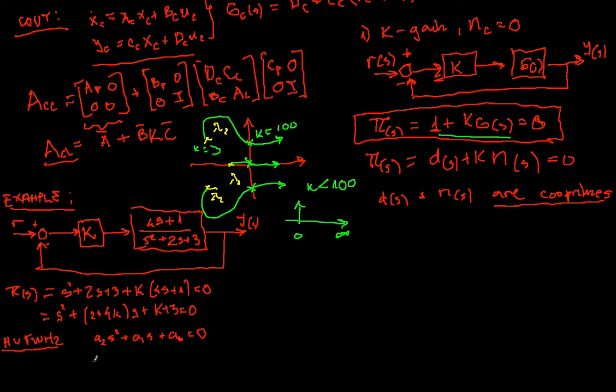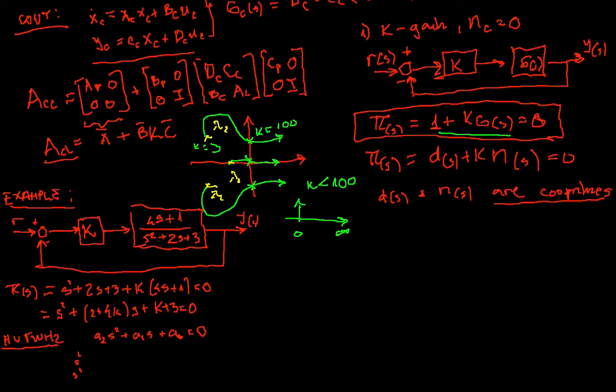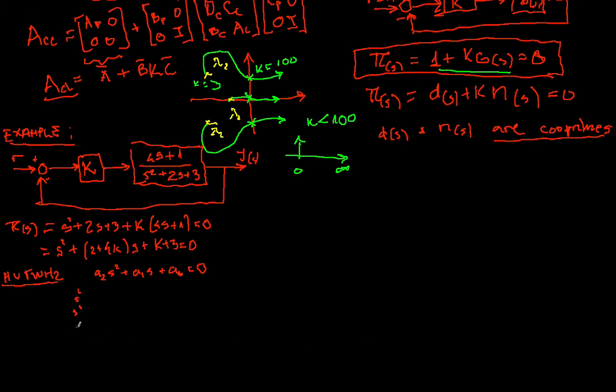So if this is the polynomial, the Hurwitz table is built as follows: s2, s1, s0, and here we write a2, a0, a1, 0, and here is a0.